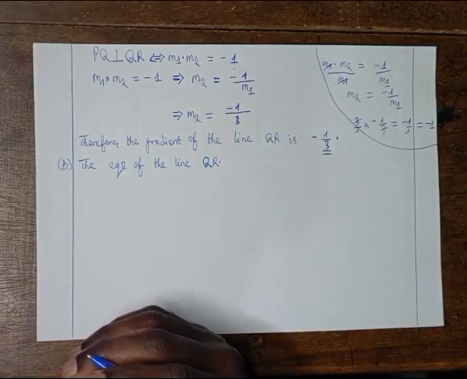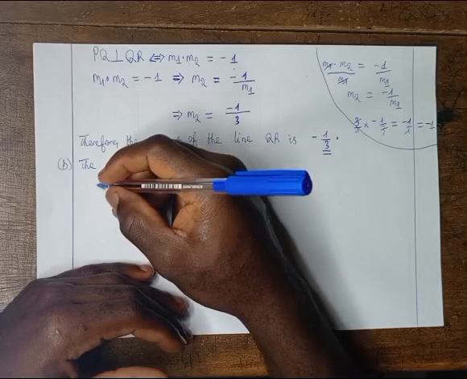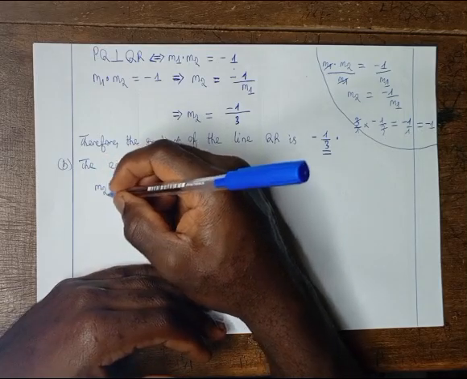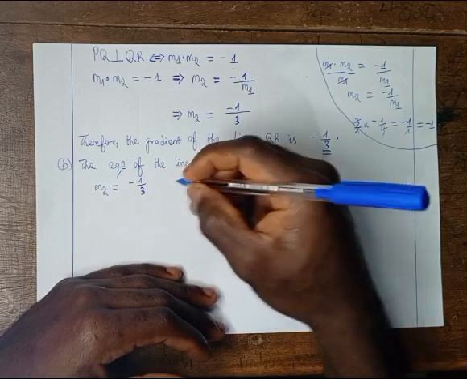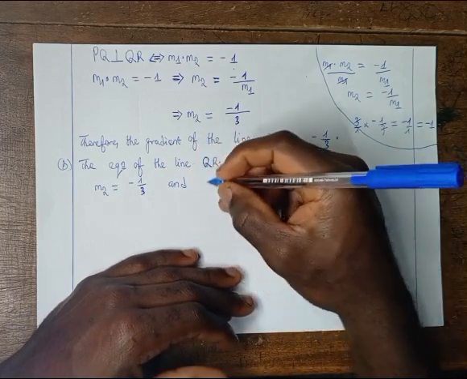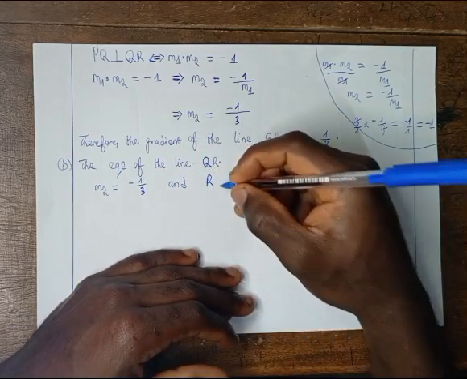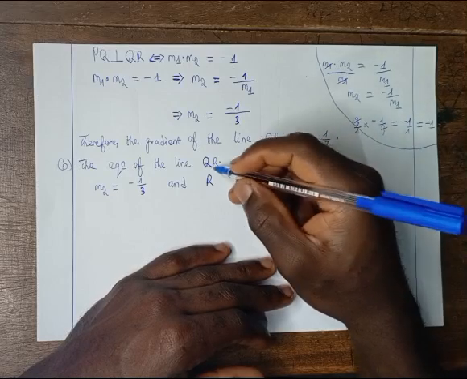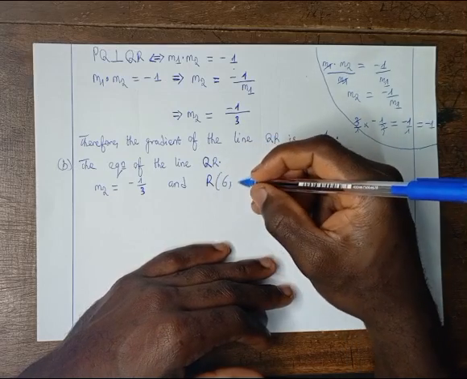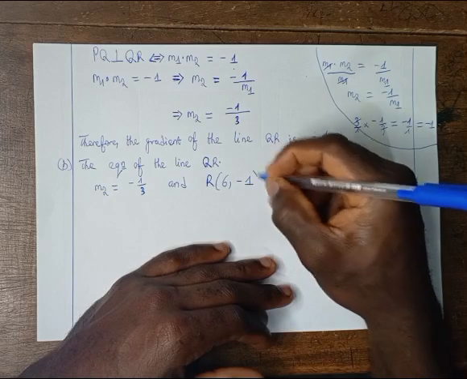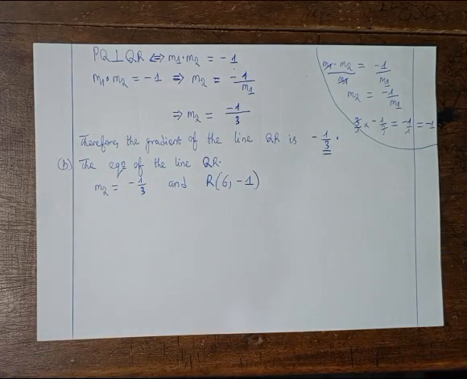For us to get the equation of the line, first we know the gradient of the line, m2, is equal to -1/3, and we have been given a point R. The coordinates of R are 6, -1. We can find the equation of this line.